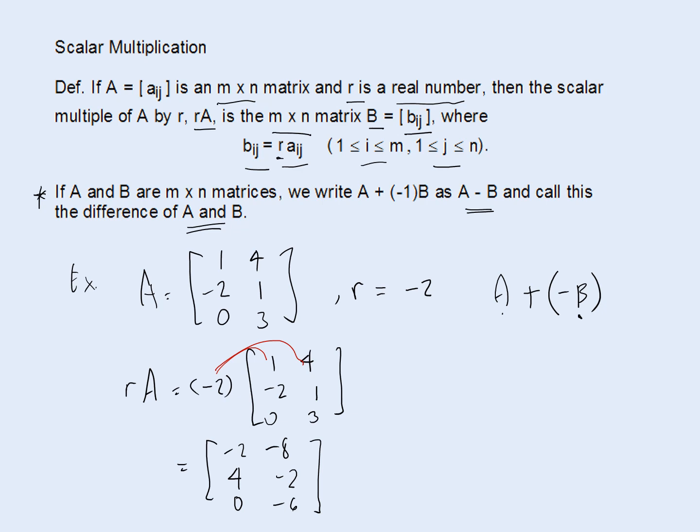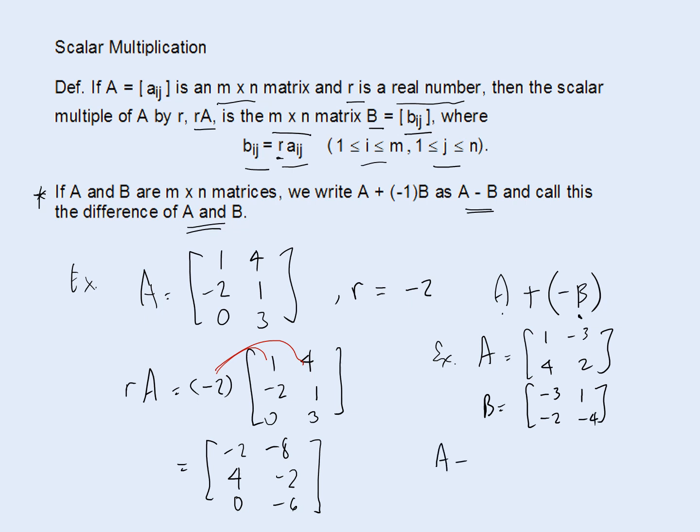So say for example, A is a 2 by 2 matrix: 1, negative 3, 4, and 2. And B is another 2 by 2 matrix: negative 3, 1, negative 2, and negative 4.